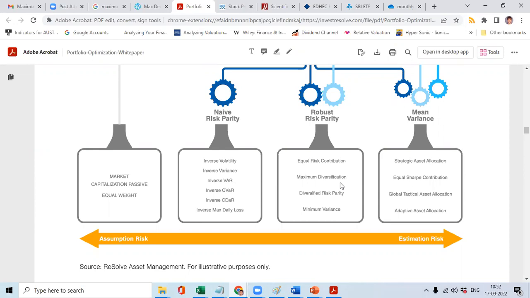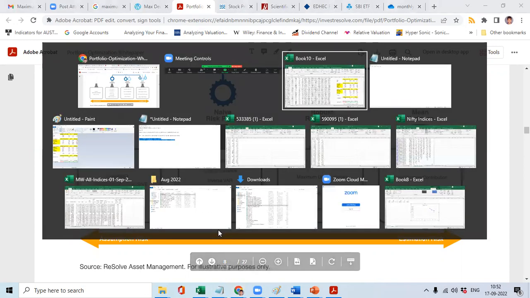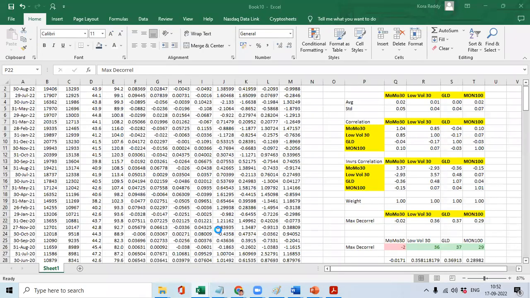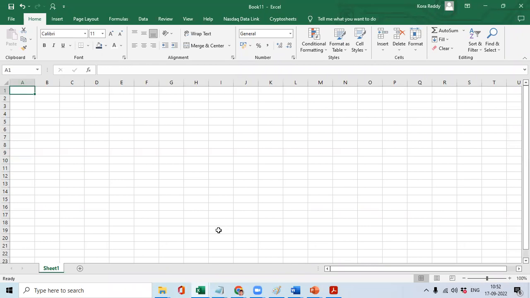So you have the various weights. One is your market cap, which is nothing but your Nifty portfolio, Nifty 50 ETF. Let's say you have 3 stocks, with the factor being market cap. So this is, let's say, 10 crore market cap. This is 20 crore. This is 30 crore. And this is 40 crore.